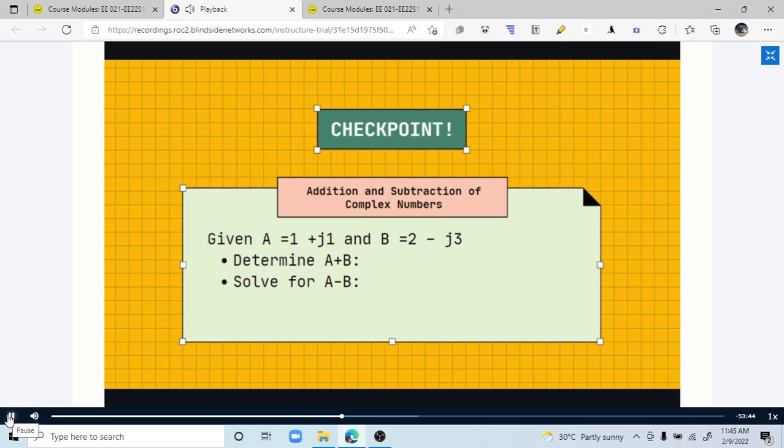So let's see what would be the A minus B. Okay, so we have 2 point.